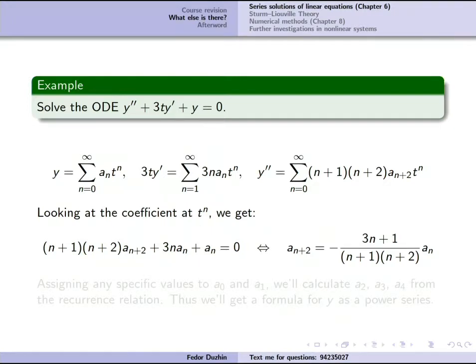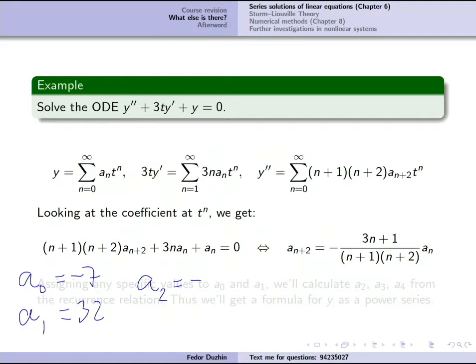Well, when we write it down, what we get is a formula that relates a_n and a_(n+2). Now notice that if I assign any specific values to a0, for example -7, and a1, for example 32, whatever, any specific numbers, then a2 is obtained from a_(n+2) where n is 0.